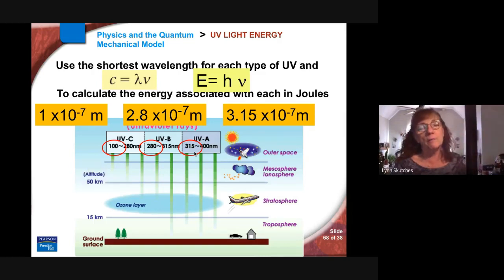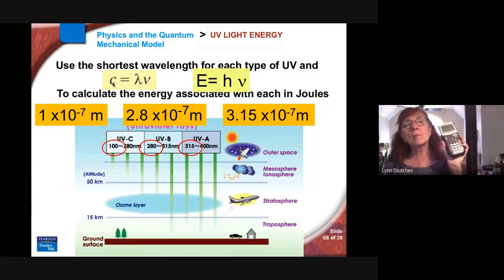All right. So the next thing we need to do is take that wavelength and divide it into the speed of light. No one came to my office hours yesterday, so I'm assuming everybody knows how to use their calculators and has no problem doing that. Maybe. Speed of light, again, 3.00.